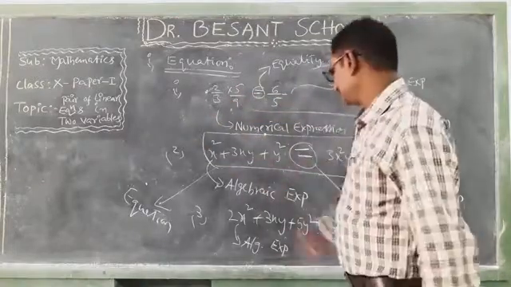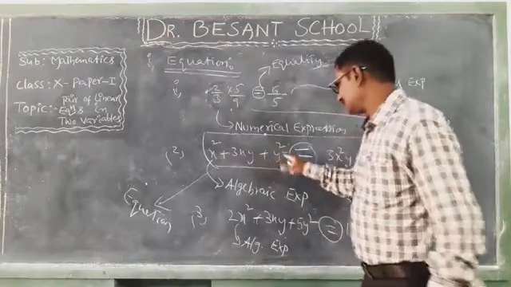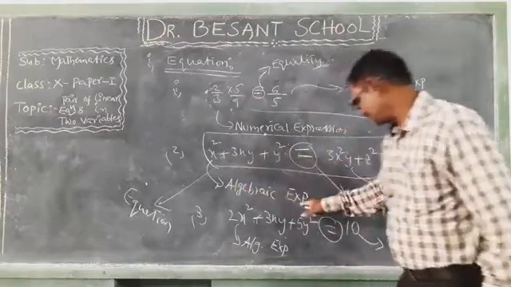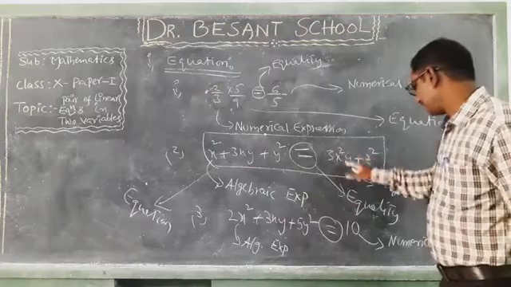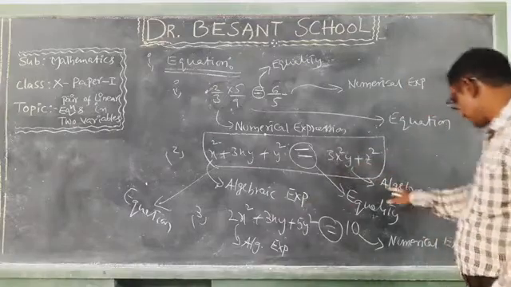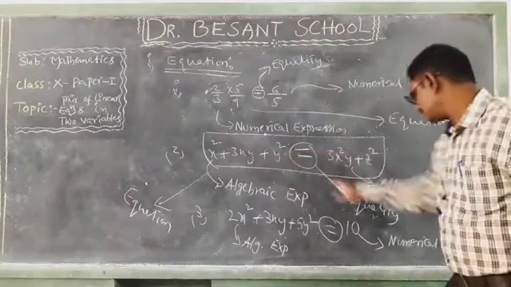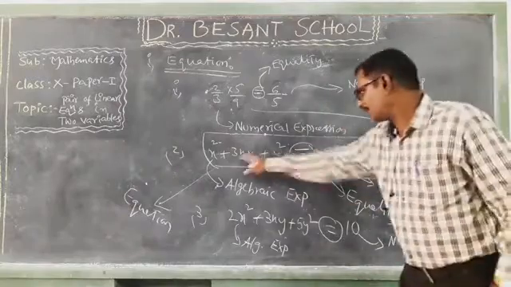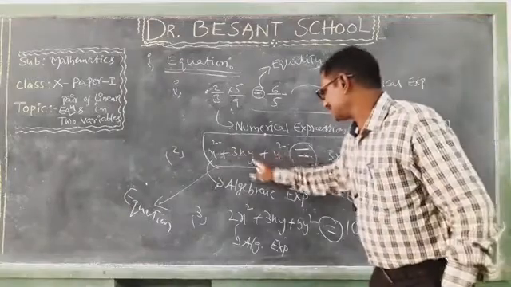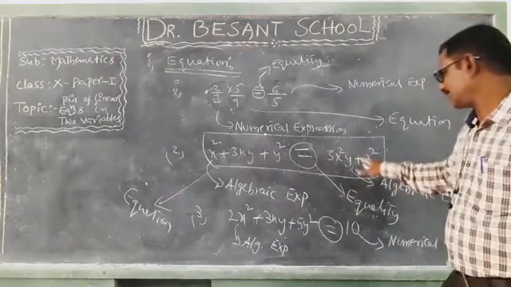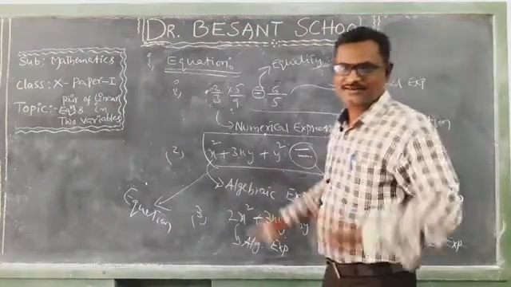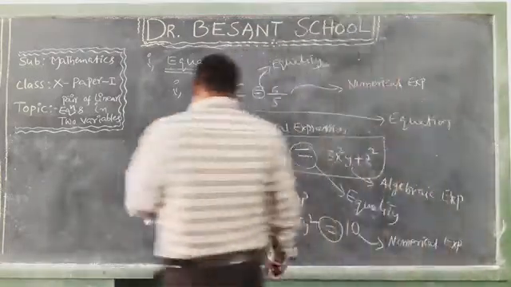Come to the second example: x² + 3xy + y² is an algebraic expression, and 3x²y + z² is also an algebraic expression. When these two are combined with equality, the overall sentence x² + 3xy + y² = 3x²y + z² is also called an equation. And come to this third example.